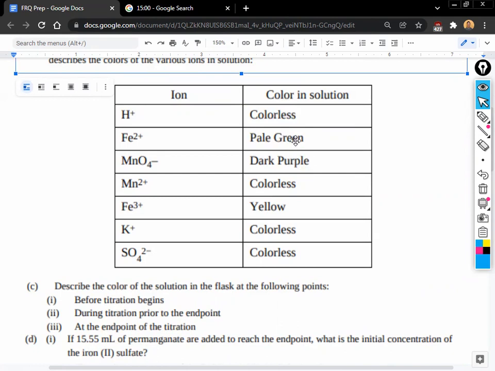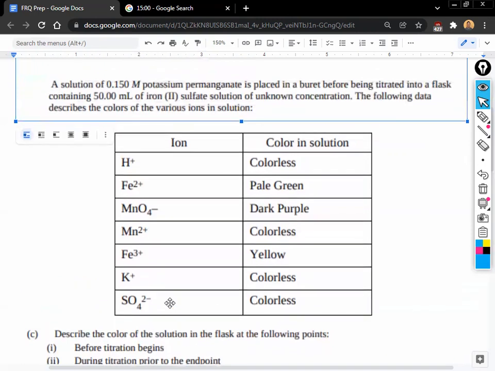Because depending on what ion is present inside of the solution, that's going to tell us what color the solution is going to be. So you're going to need the reaction with you. Just make sure you have the reaction somewhere written down. And so let's figure out what ions are present before the titration.